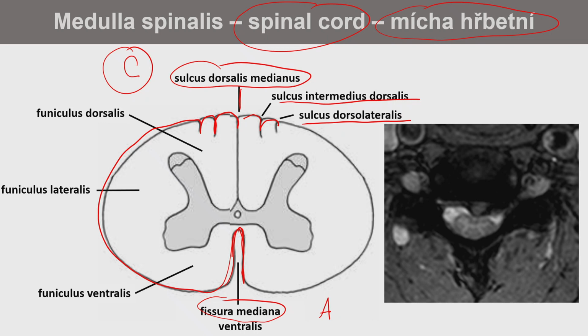They are shallow grooves which are dividing the bands of white matter into posterior funiculi, which are tractus gracilis and cuneatus. So this shape is not ideal. Probably it could be like this because the gray matter could be more to the surface, and here is a very thin layer of white matter.